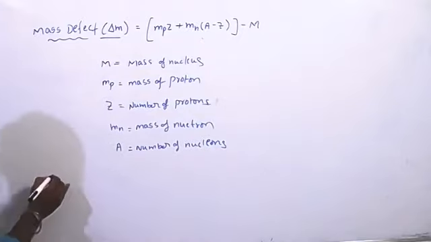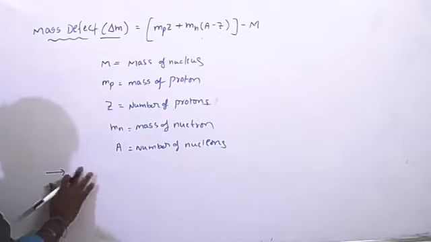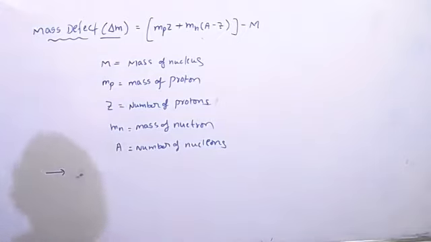So how do we measure the mass defect? Mass defect is measured in AMU if atomic masses are expressed in AMU.